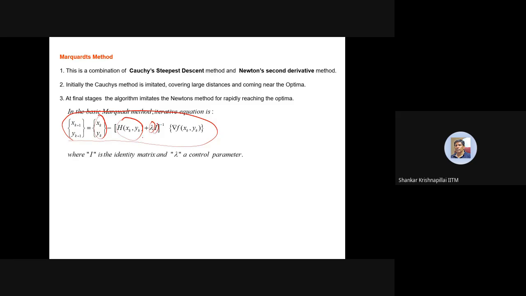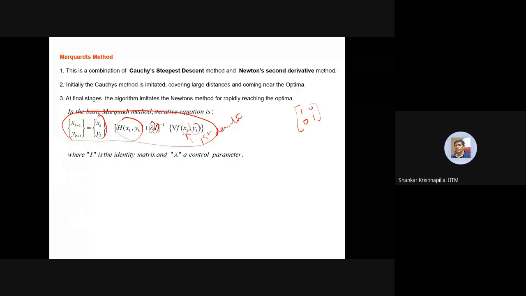I is the identity matrix, something like this: 1, 0, 0, 1. And del f is the first derivative matrix at xk, yk. So this is the general equation of the Marquardt method.